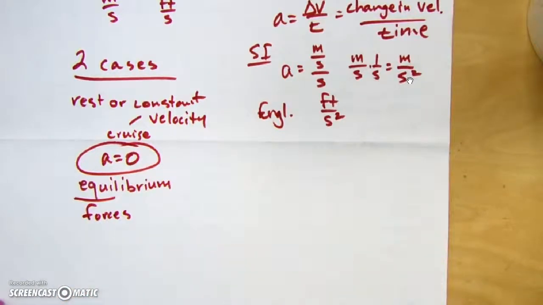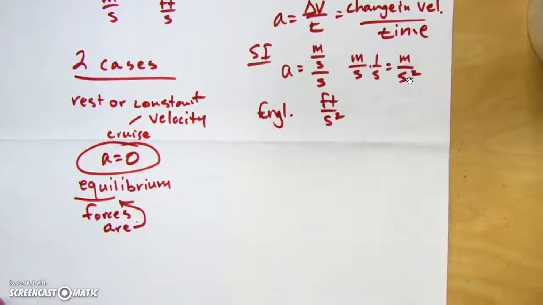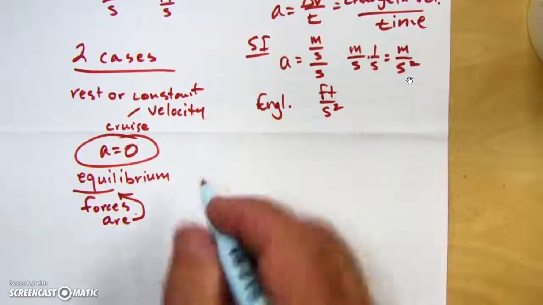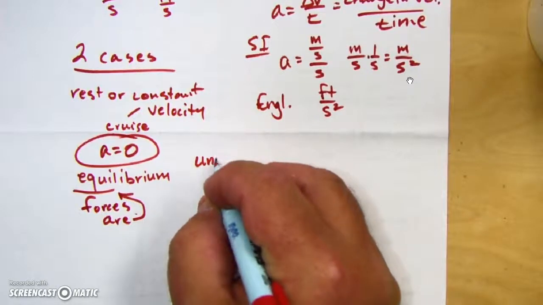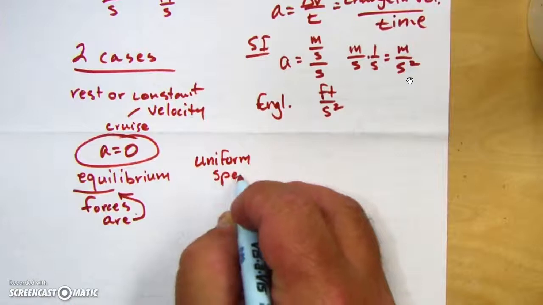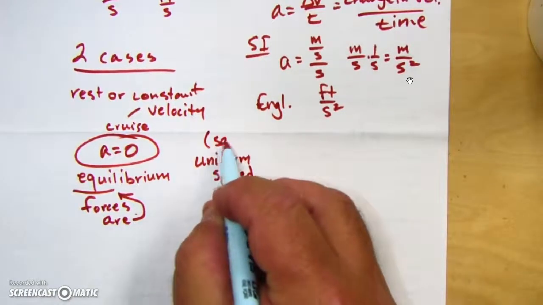So remember, everything ties together. For equilibrium, it's the forces that are equal. There is no unbalanced force. So therefore, the object's going to keep moving at a constant velocity. Another word for this would also be called a uniform speed instead of constant speed. Uniform simply means the same.